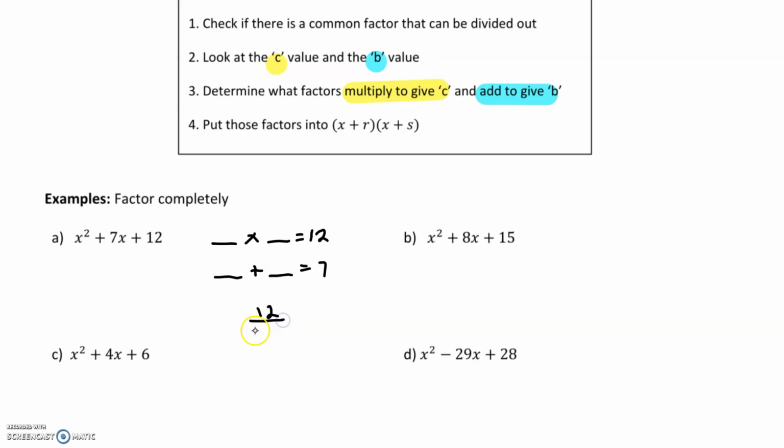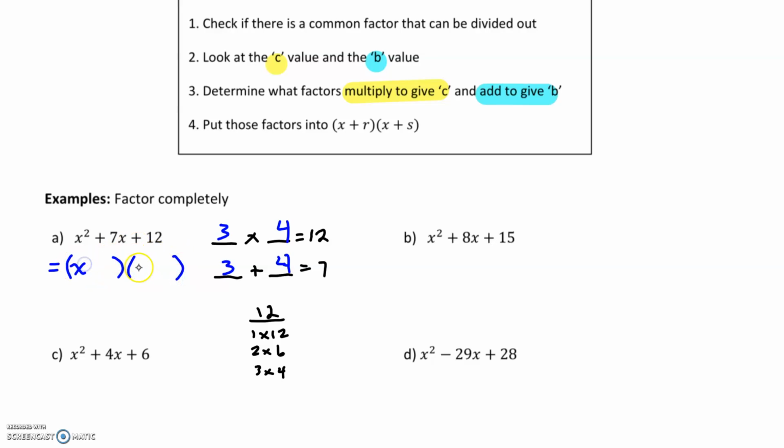In my head, I'm thinking 1 times 12 is 12, 2 times 6 is 12, 3 times 4. Those are all the factors. When I go through, I can see that 3 and 4 multiply to give 12, and they also add to give 7. So once I find the factors, the last step is just to write it in the brackets.